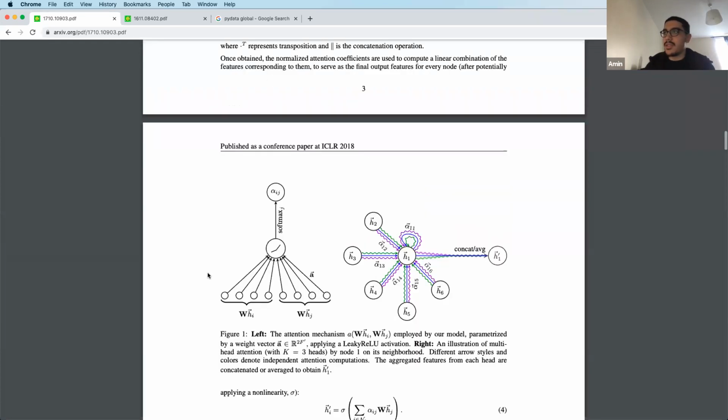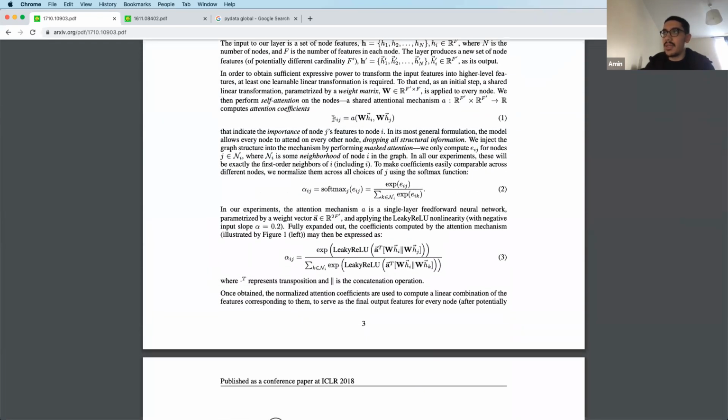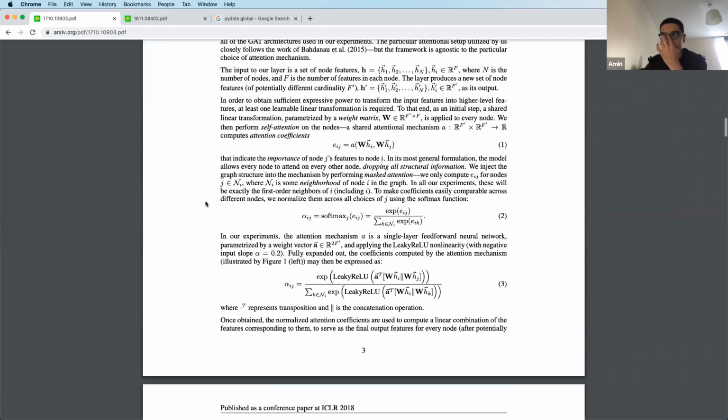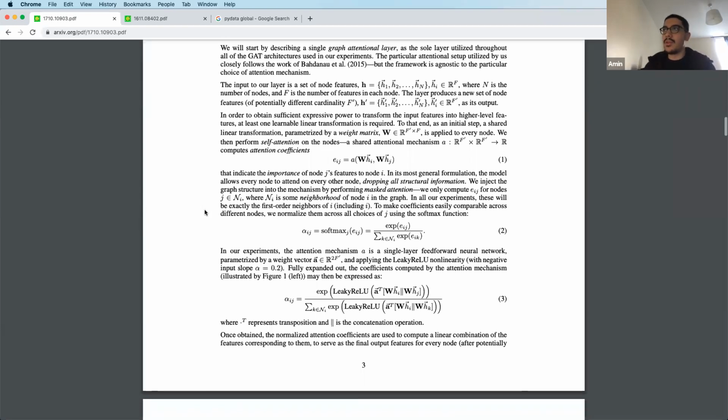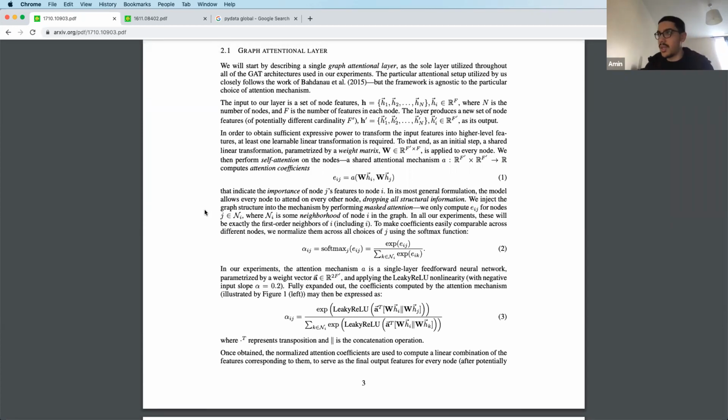Because this is an edgewise mechanism, we're considering every pair of nodes, of course within a neighborhood, then you can see how this can be applied to unseen graphs, because in terms of attention, we only care about pairs of nodes, as opposed to the graph structure as a whole.